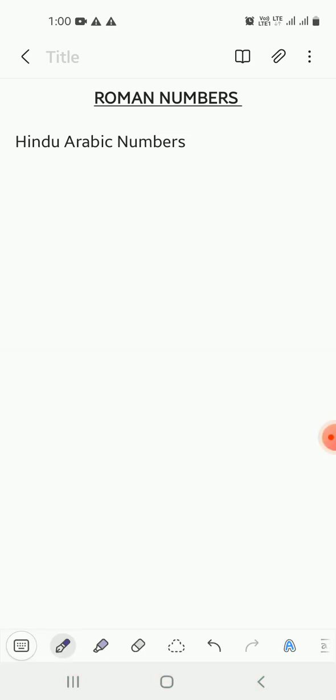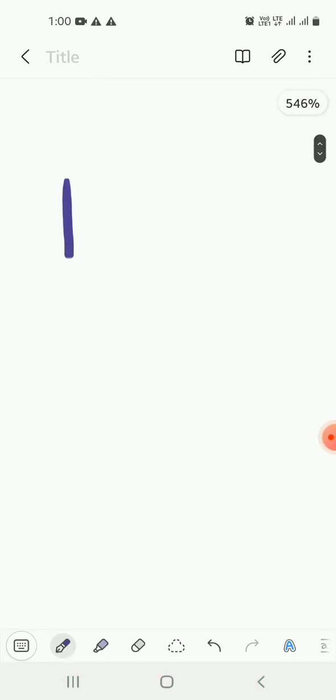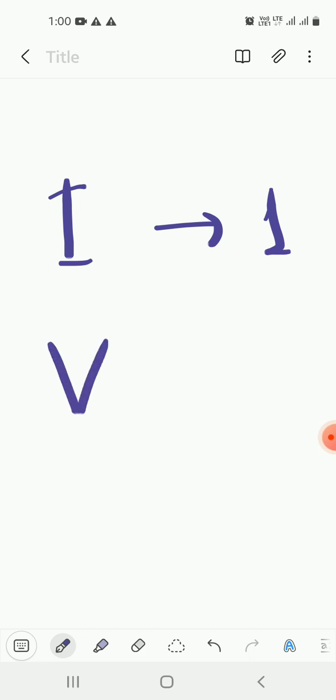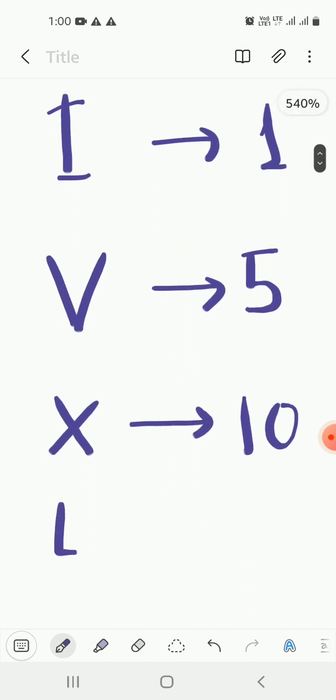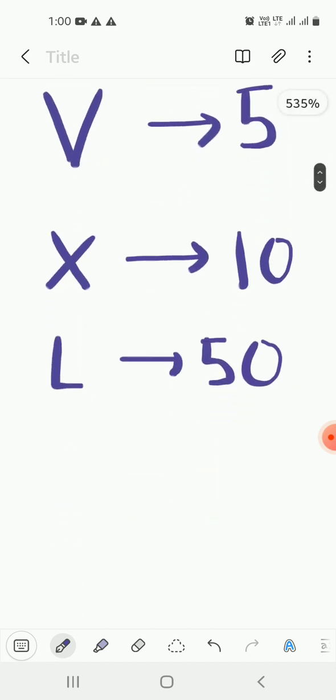Over here, I means 1. V means 5. X means 10. L means 50.